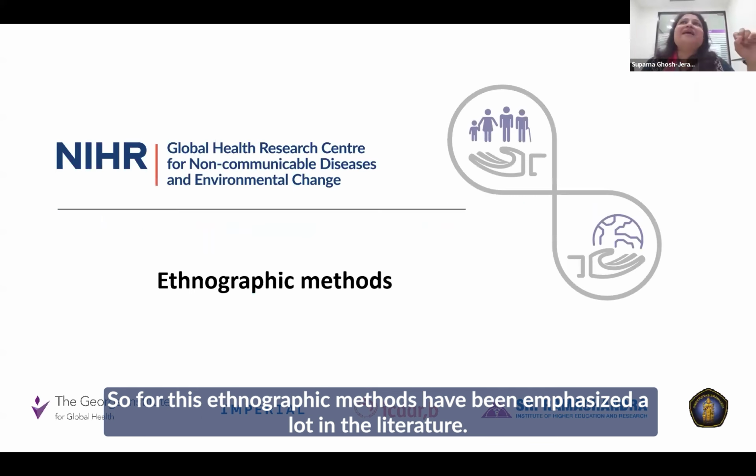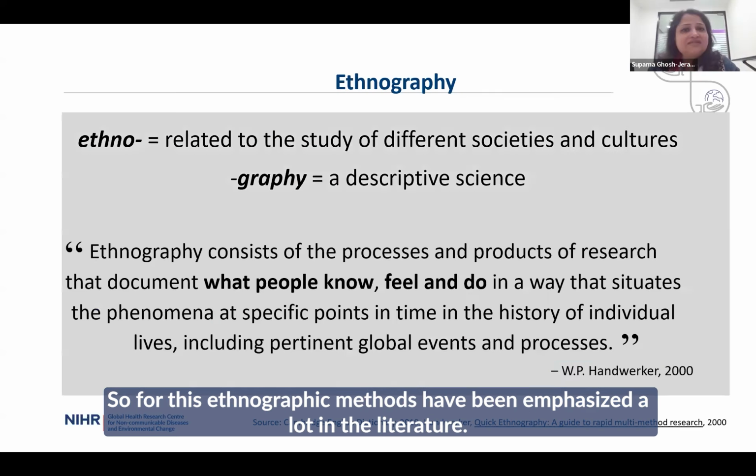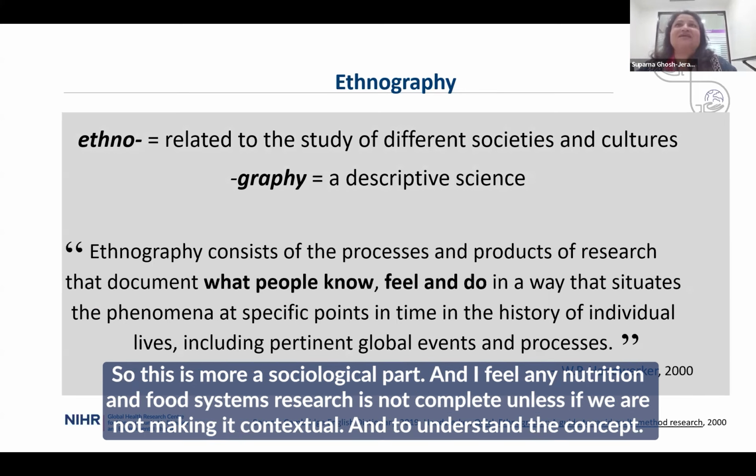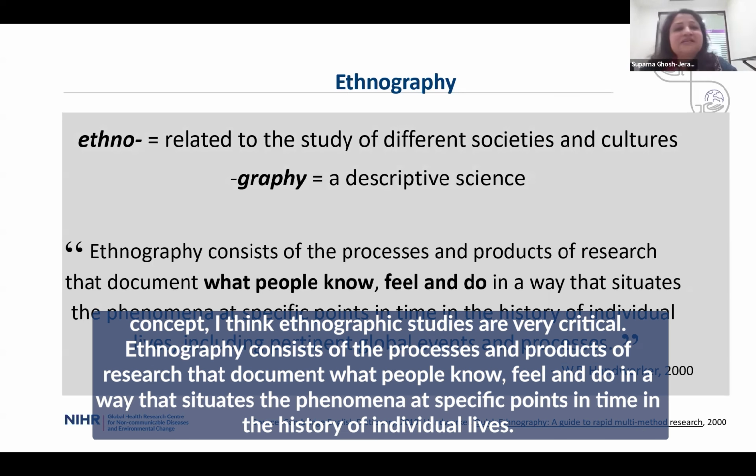So, for this, ethnographic methods have been emphasized a lot in the literature. What are ethnographic methods? Ethnographic method, or ethno, means related to the study of different societies and cultures. So this is more a sociological part. And I feel any nutrition and food systems research is not complete if we are not making it contextual. And to understand the concept, I think ethnographic studies are very critical.